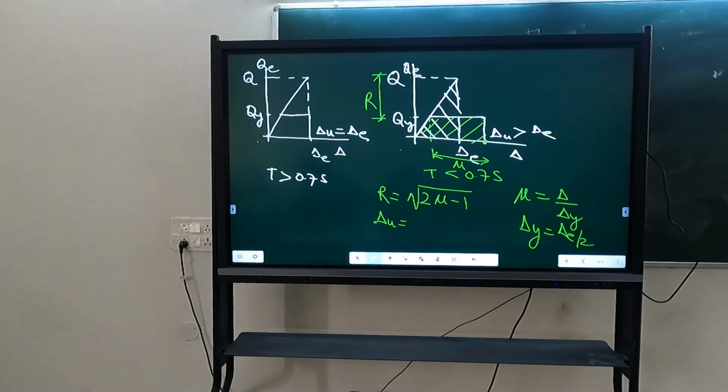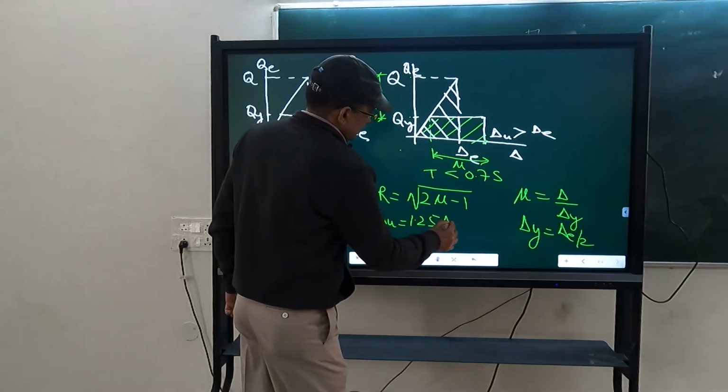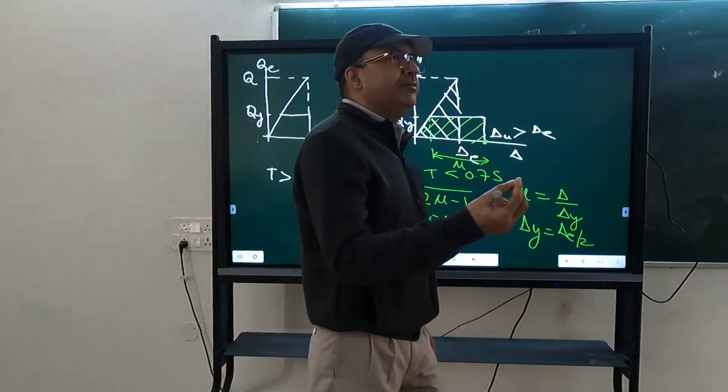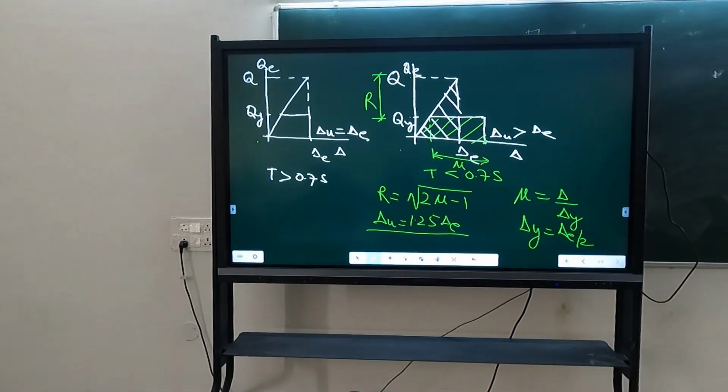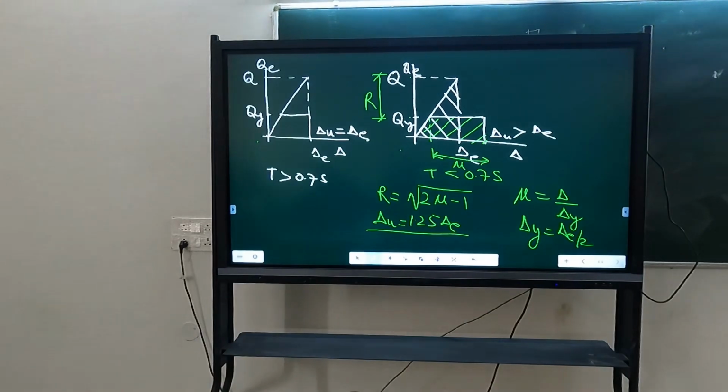You have not done this substitution. Delta y is equal to delta E by 2, so delta E is equal to 2 times delta y. 1.25. So a 25% increase will occur if my structure is a short period structure as compared to the elastic structure. It's not 2.5 times or 2 times of delta. It is 1.25 times of delta. Are you able to get it? Everybody is able to get 1.25 delta E or not?